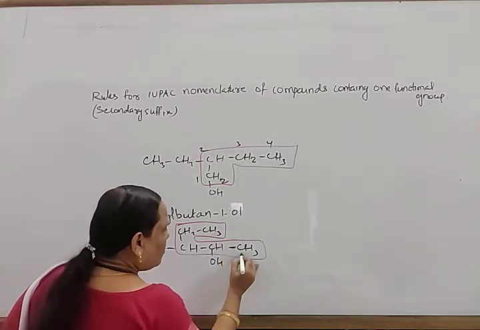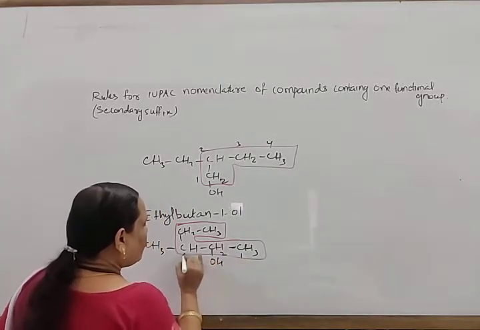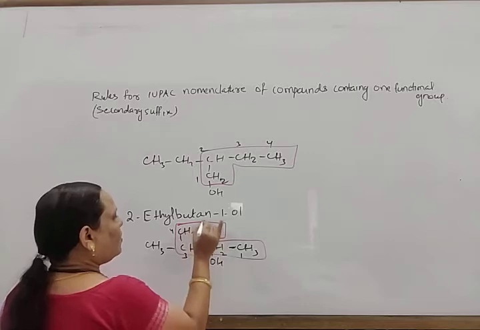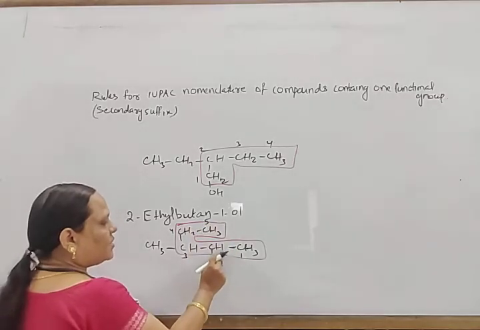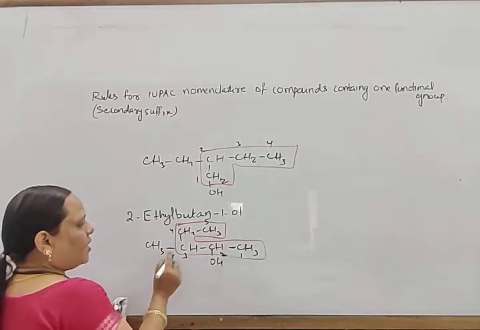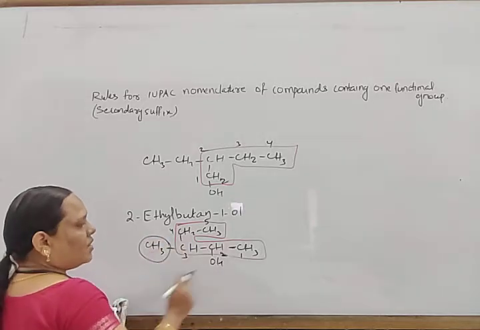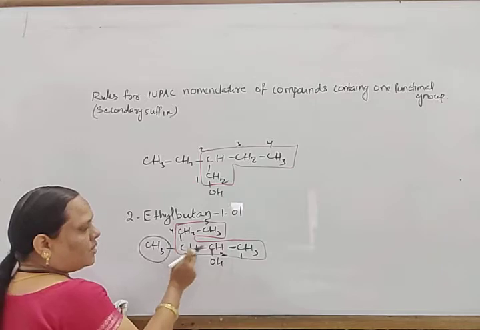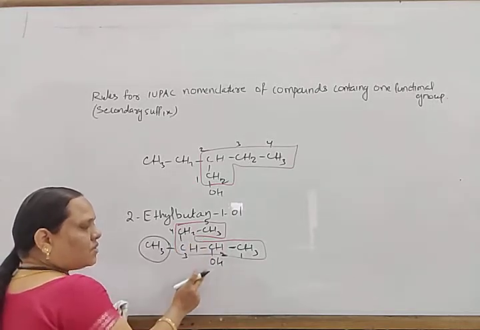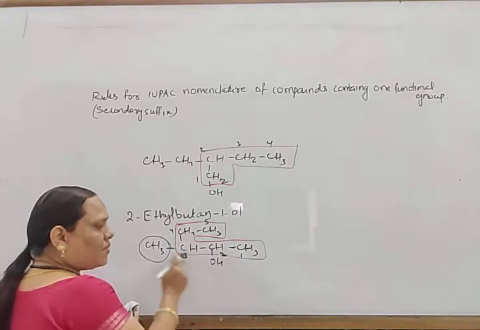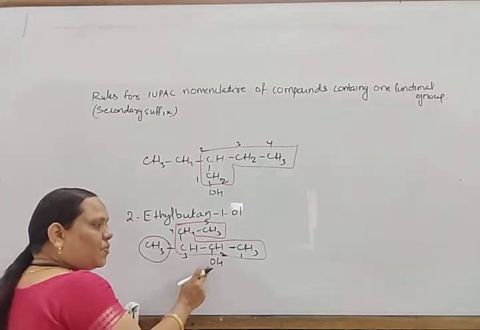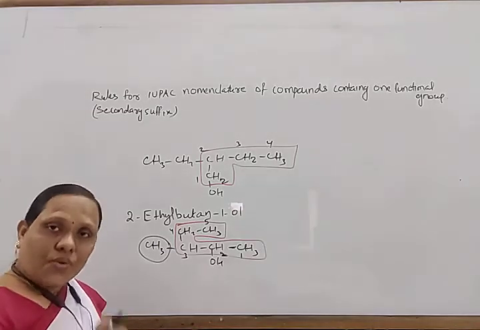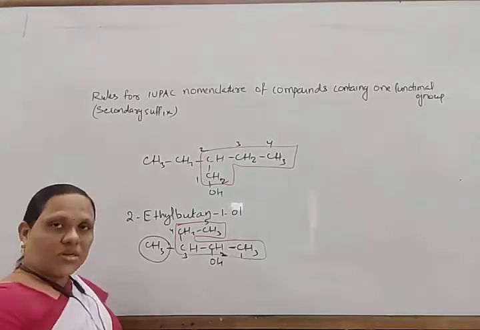Look here, 1, 2, 3, 4, 5. If you count from here, the OH group is at the 4 position. But if you count from the other side, the OH group is at the 2 position. So you should give the lowest position to this functional group.